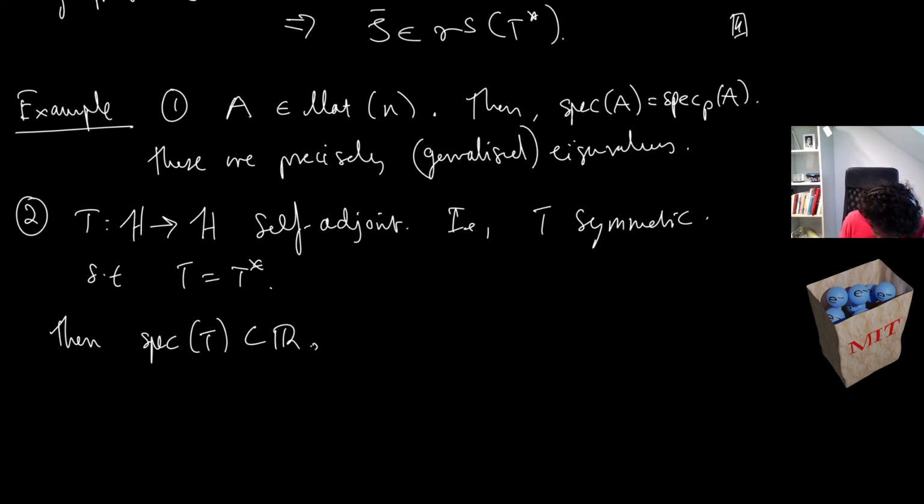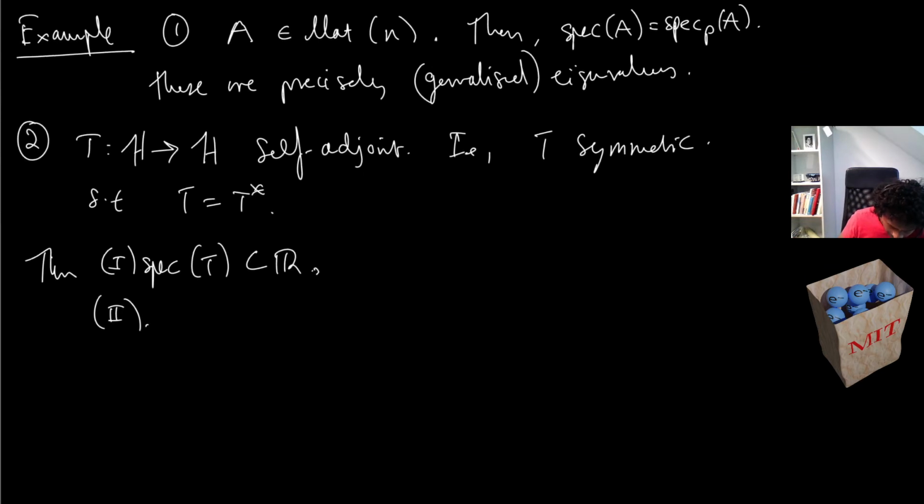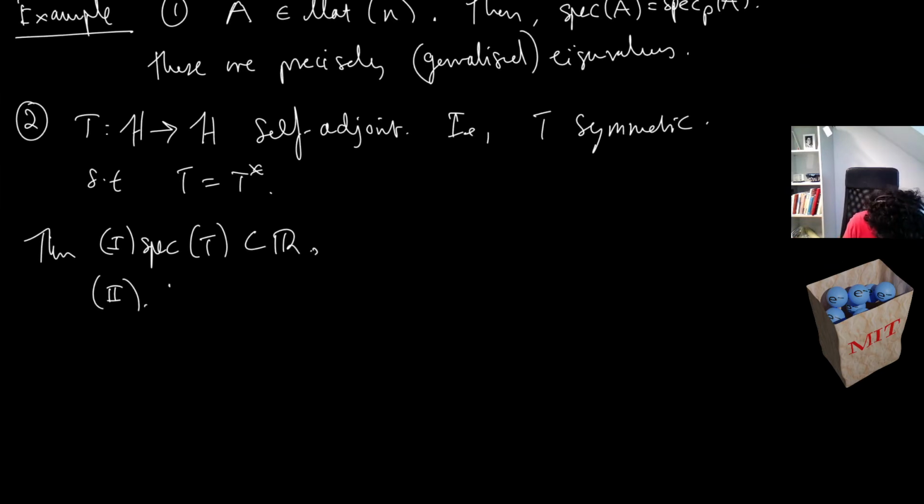And so there are two things here. The first thing is that the spectrum is real, and the second thing is these so-called resolvent estimates. We will see that these resolvent estimates are key when we're dealing with unbounded operators, or the spectral theory of unbounded operators. So what are these resolvent estimates?